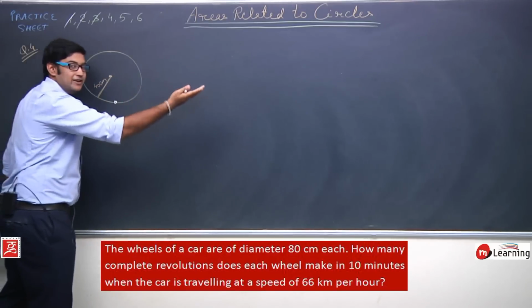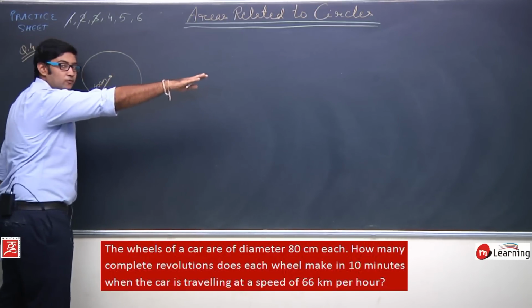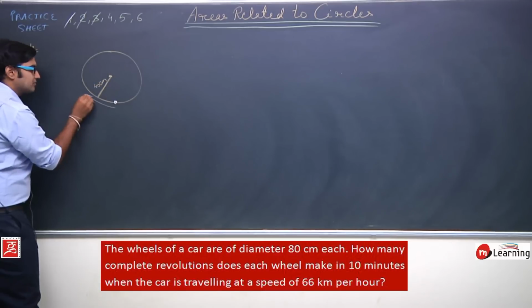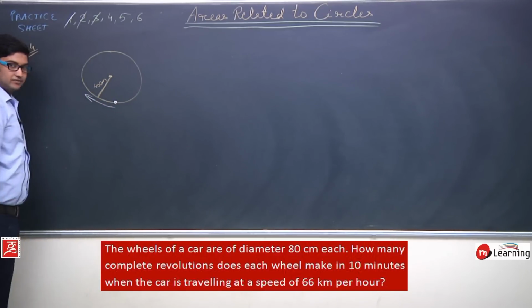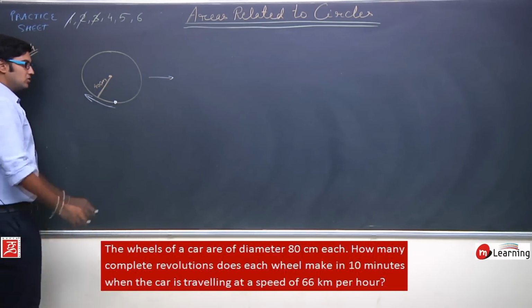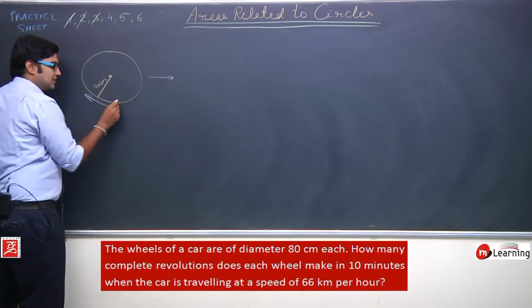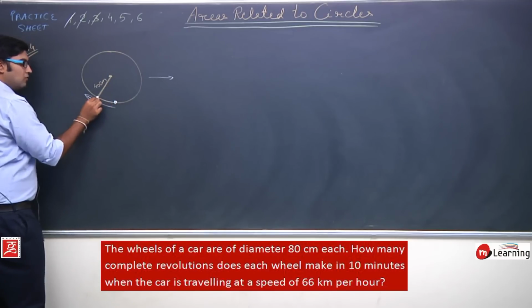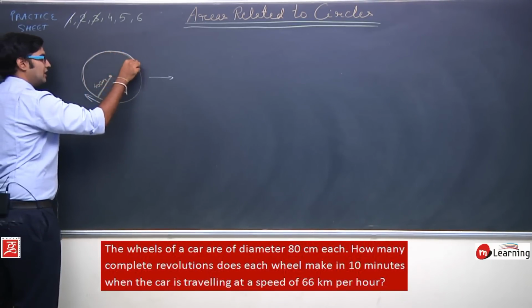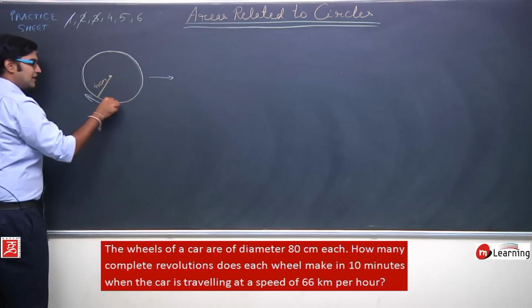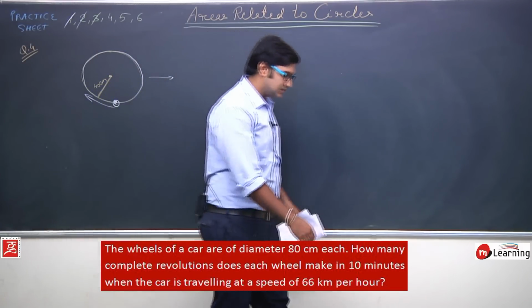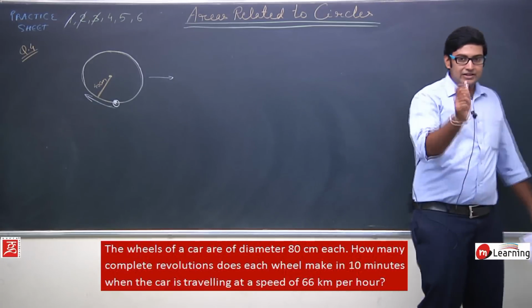If the car moves in the forward direction, this wheel will also move in this direction. When the car moves in this direction, this mark will move like this, and then this, and finally will come again to the same position from where it started.